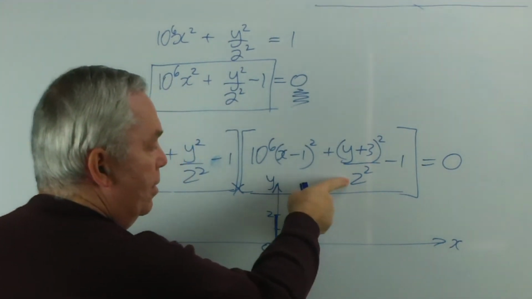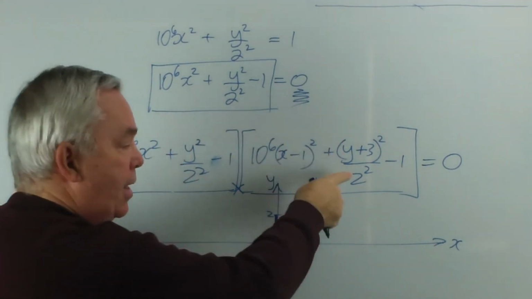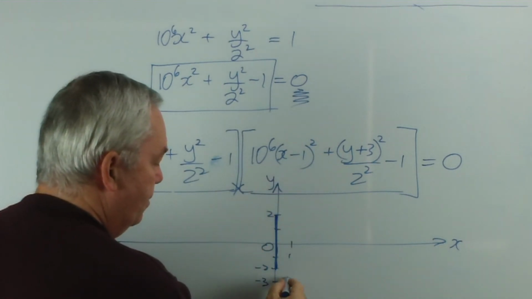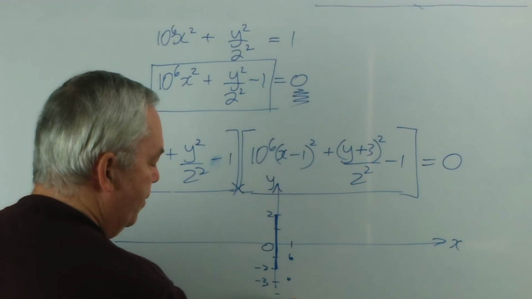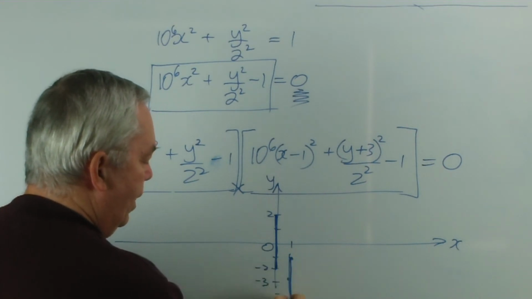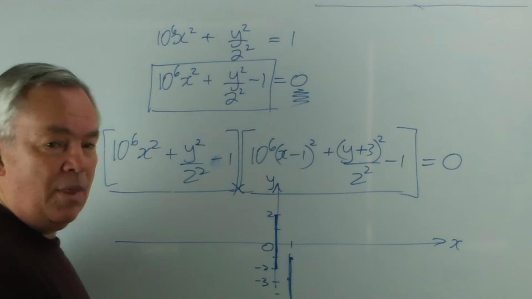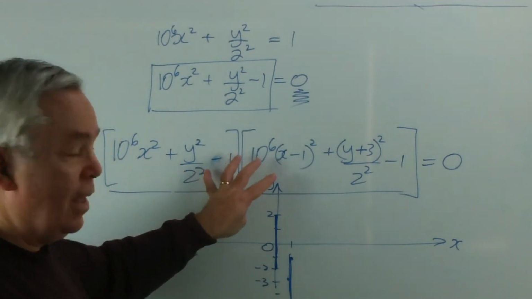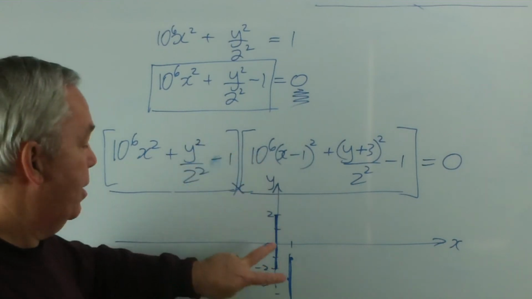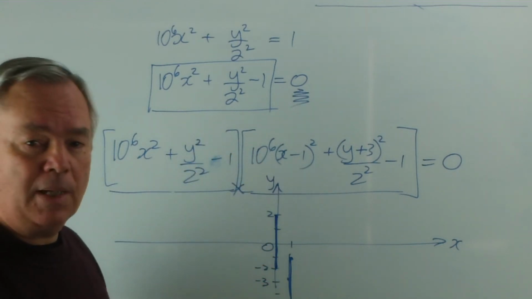It goes 2 units up and down from the centre, up the y-axis and down the y-axis. And you can see that it's 1,000th wide. So those two lines are described by that equation. That one equation graphs those two separate parts on the graph.